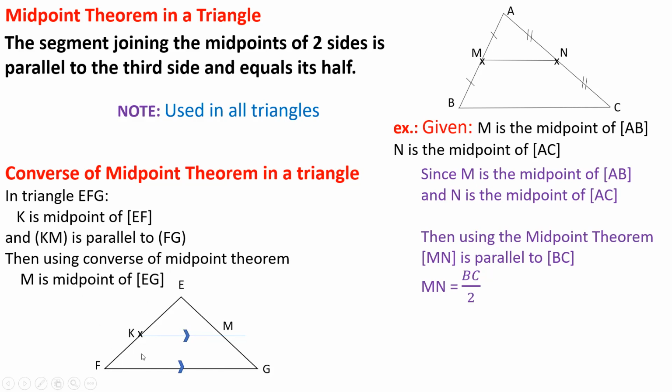So in triangle EFG, we are given that K is the midpoint of EF. And by given, I have KM is parallel to FG. So since K is the midpoint of EF and KM is parallel to FG, then of course KM will be passing through the midpoint of EG, then M will be the midpoint of EG. So why do we use the converse of the midpoint theorem? We use it to prove that a point is the midpoint of any of the sides of a triangle.